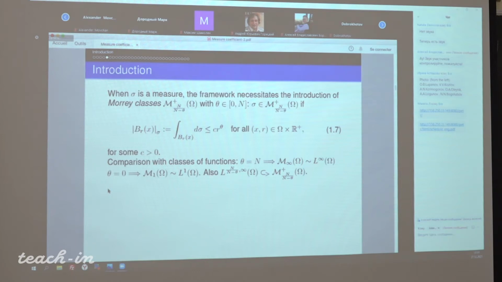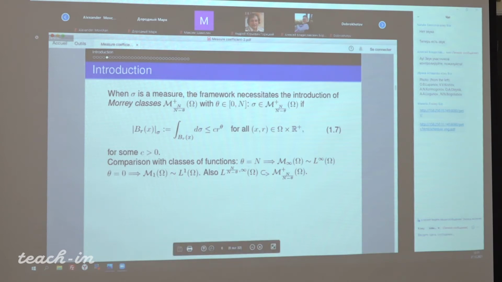If you make a comparison with the extreme case, theta equal n, then in that case M infinity is equivalent to N infinity. And if theta is 0, M1 is more or less L1. Now in the general case, notice that the Lorentz space or Marcinkiewicz space L of n over n minus theta, infinity, is embedded in the Morrey space of n minus theta.